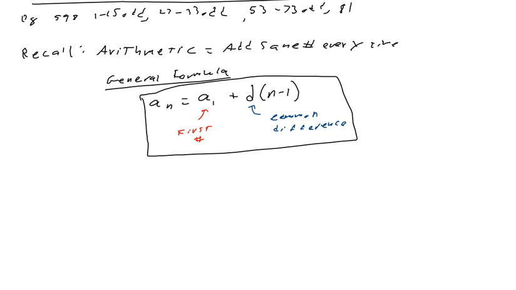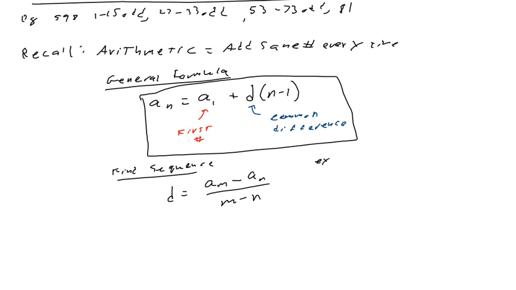We also had a way to find the numbers, finding terms, find the sequence. We had a way to find the common difference. What we said was take two values in the sequence, subtract them, and then divide that by how far apart they are.